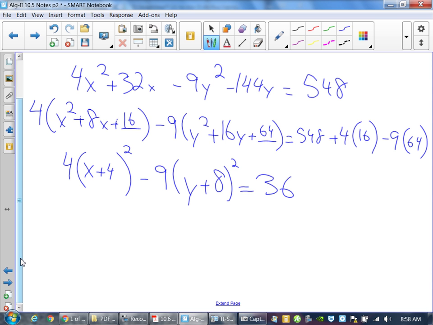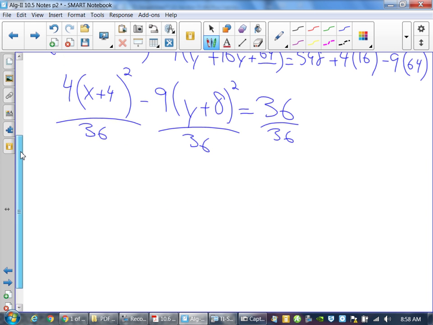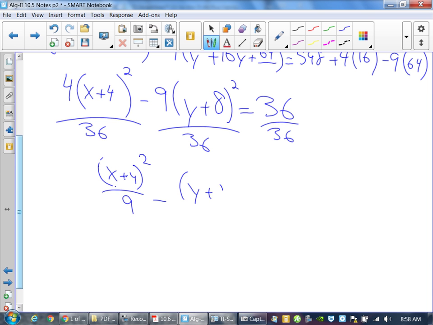Now divide by 36. And we wind up with (x plus 4) quantity squared over 9 minus (y plus 8) quantity squared over 4 equals 1.